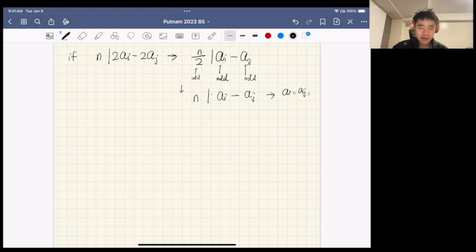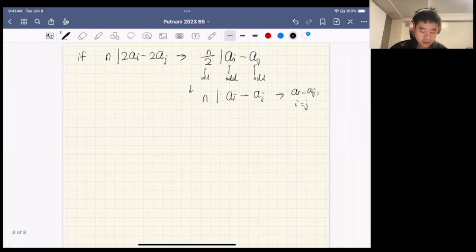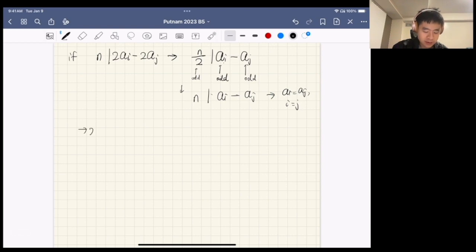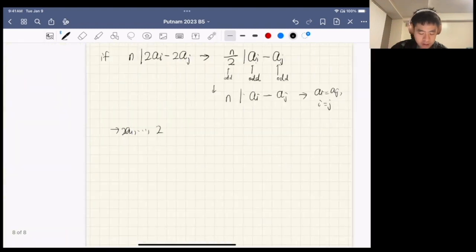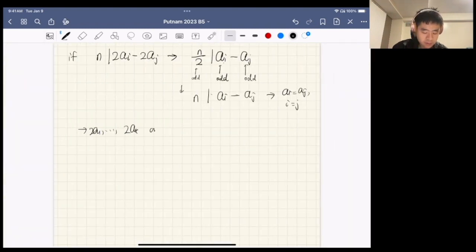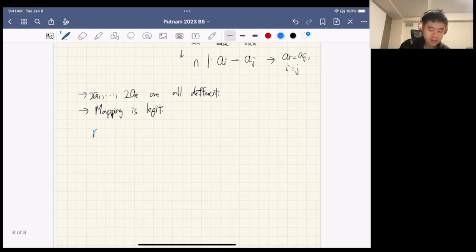And since we have the cycle to start with, that means that I equals J. So meaning that 2AI all the way to 2AK are all different. So the mapping is legit. So the conclusion is that n equals 4k plus 2 works.